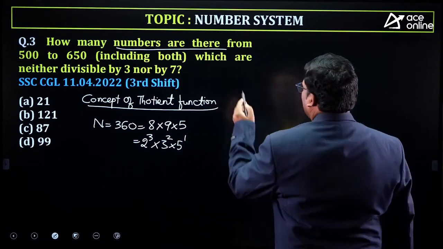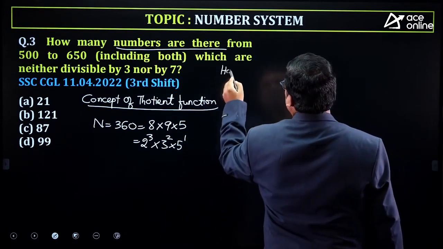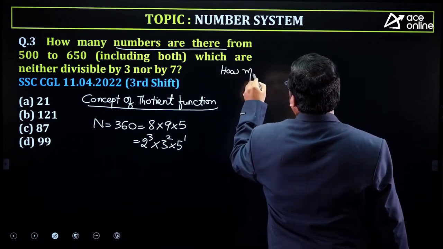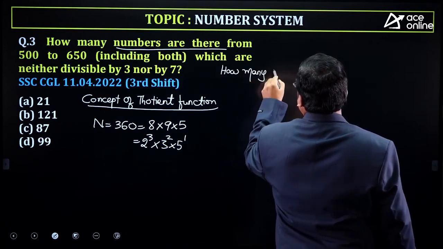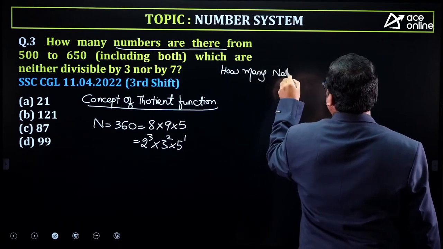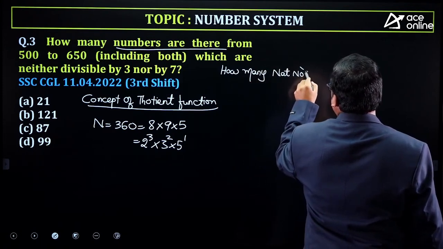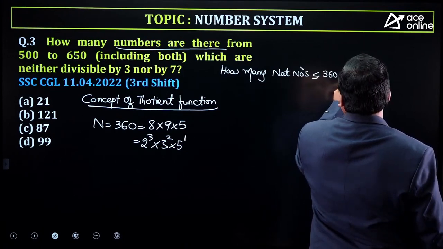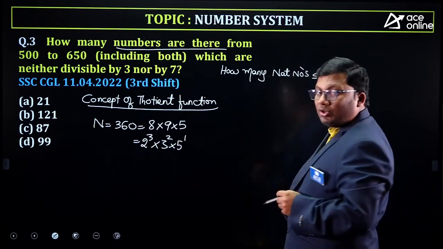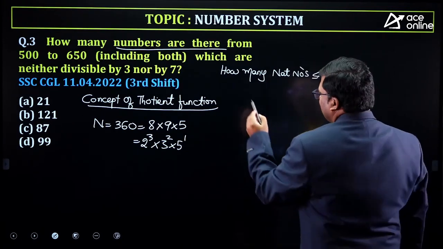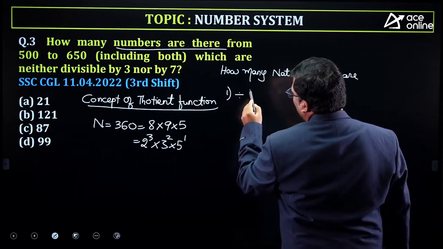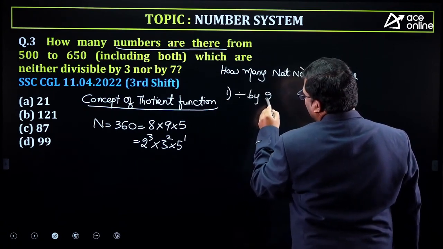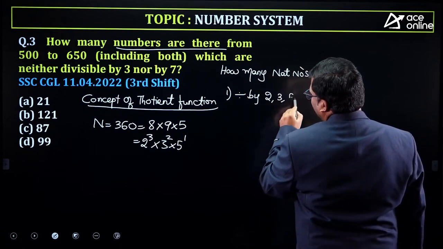Now if you see here, how many natural numbers less than or equivalent to 360 are, this question is an extremely important question, sir. First one, divisible by 2, 3, 5.